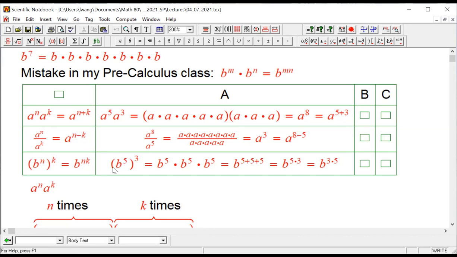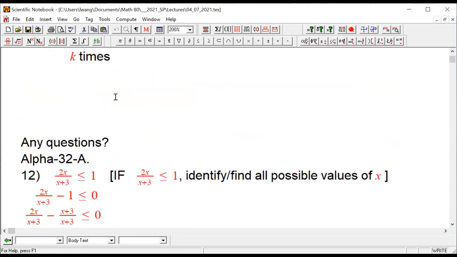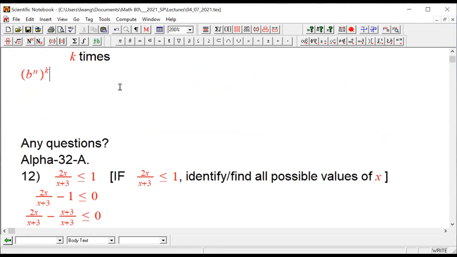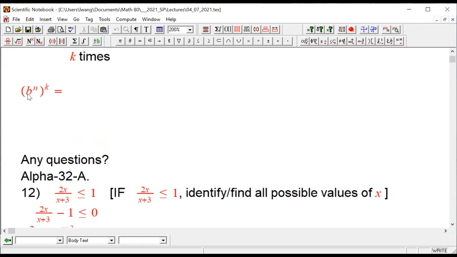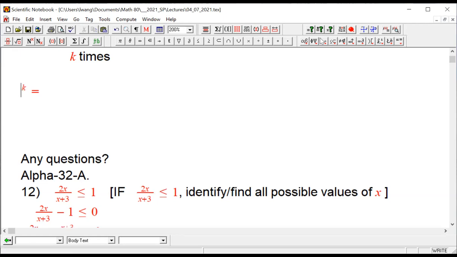So this first column is intended for us to understand. So if you put this in a more general form, what does that mean? This is once again our omega.